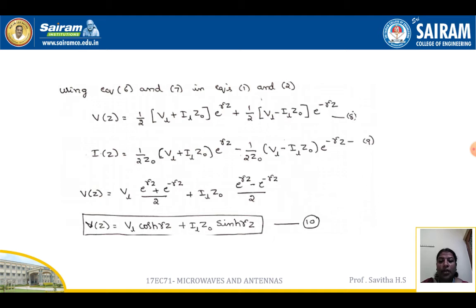Similarly, I(z) will be 1 by 2Z0 (VL + IL Z0) e^(γz) - 1 by 2Z0 (VL - IL Z0) e^(-γz).